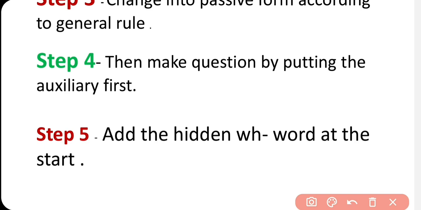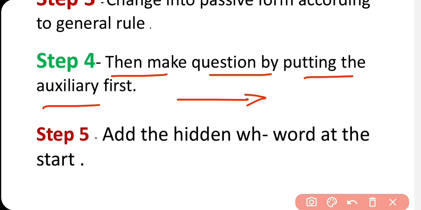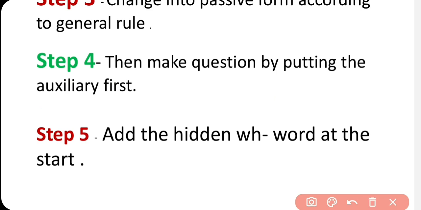In step number 4, what is said? Then make question by putting the auxiliary first. So you have to put the auxiliary first to make a question of yes no type sentence. Here I am giving an example for your understanding.